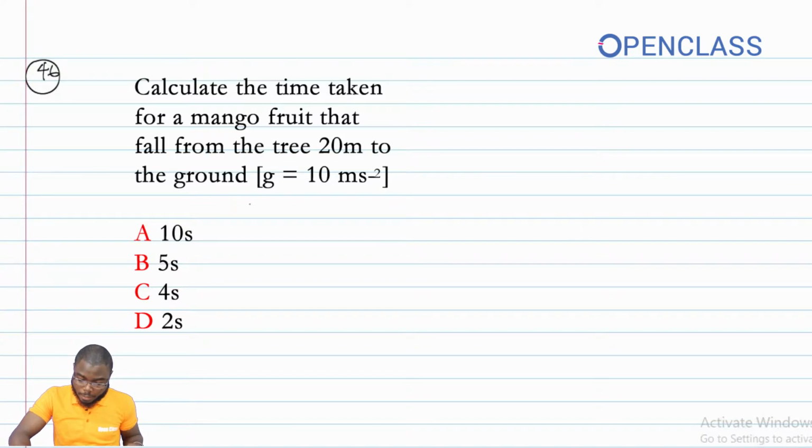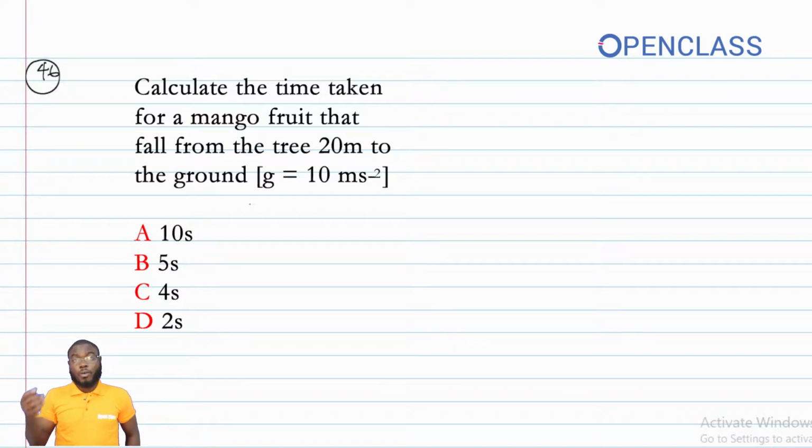Question number 46 says calculate the time taken for a mango fruit that falls from the tree 20 meters to the ground, given that g is 10 meters per second square. So this is a free fall.